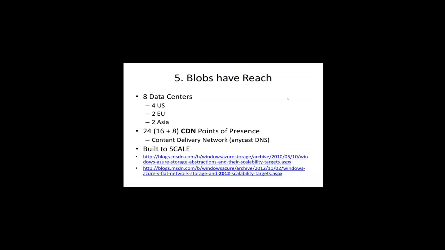And another dimension of this is these are actually paired. This becomes important in a minute. So East and West are paired in the U.S. South Central U.S. and North Central U.S. are paired. North Europe and West Europe are paired, and Southeast Asia and East Asia are paired. And each of these pairs are geographically separated, and they're in the same geopolitical region.